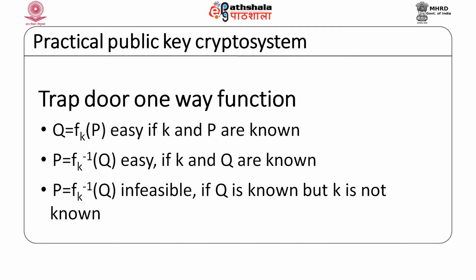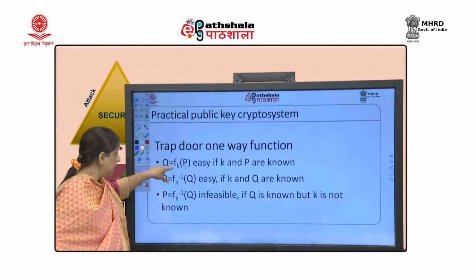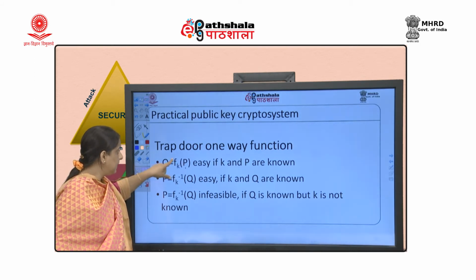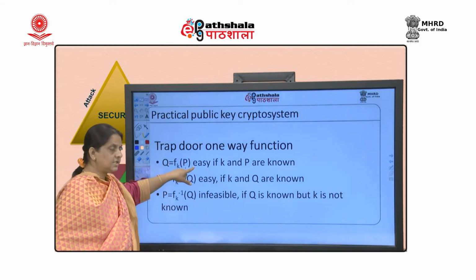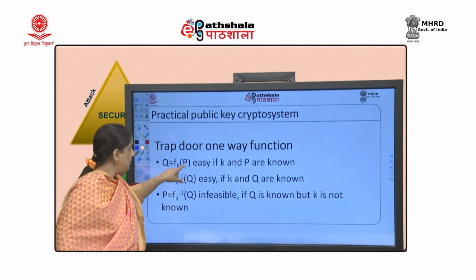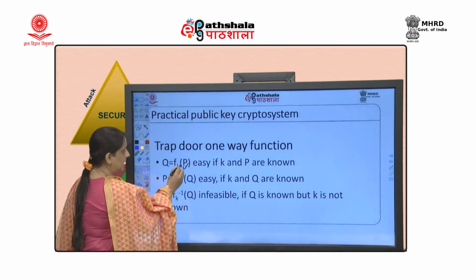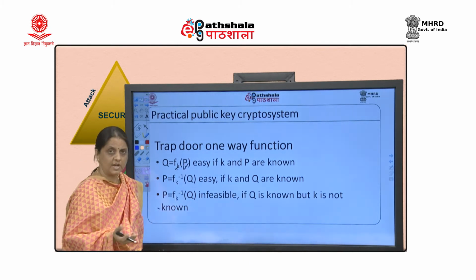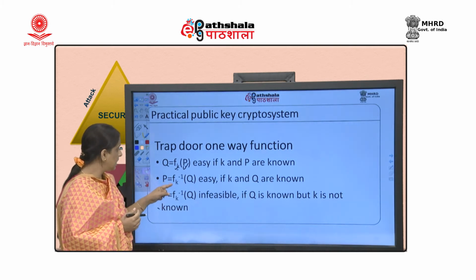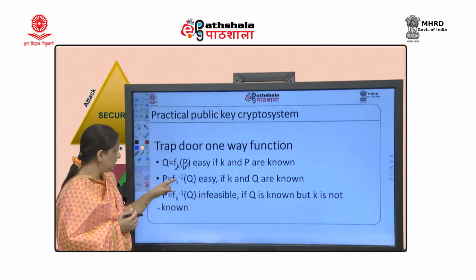What is the idea behind a public key crypto system? It is said to be a trapdoor one way function. Trapdoor one way means if you are given P and K denotes the key, you can apply the function on P and you get Q. This is easy if K and P are known. Suppose now we want to talk about the inverse.